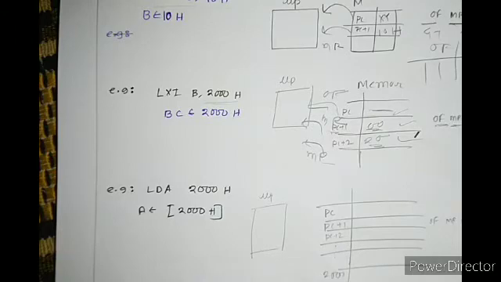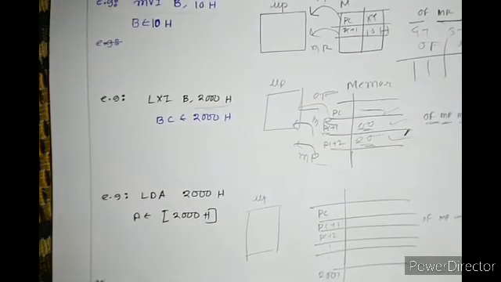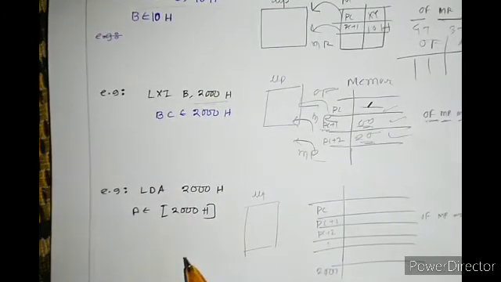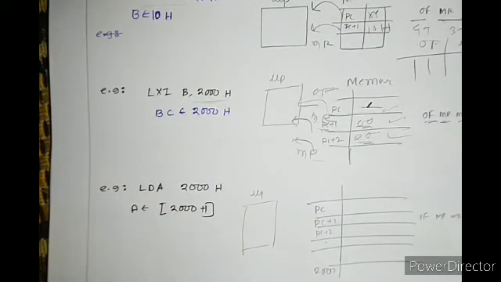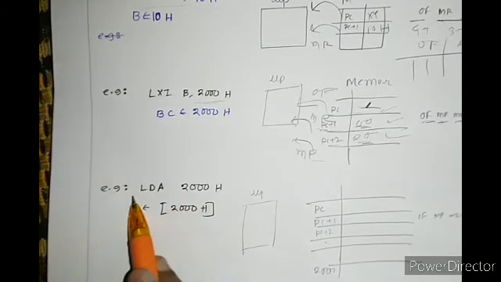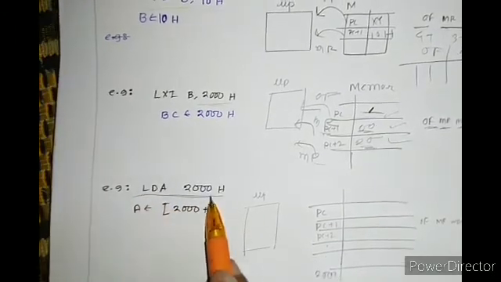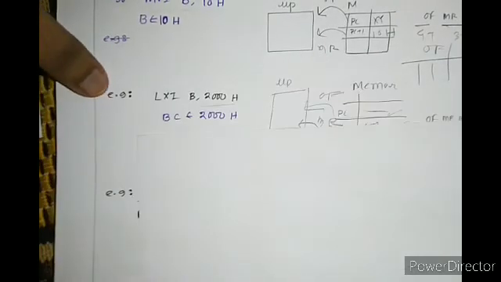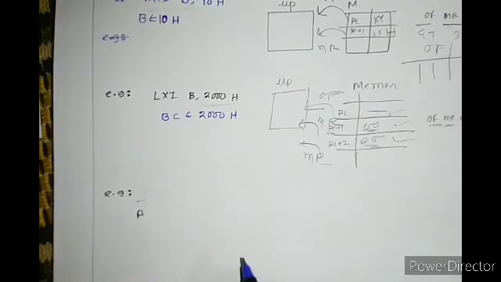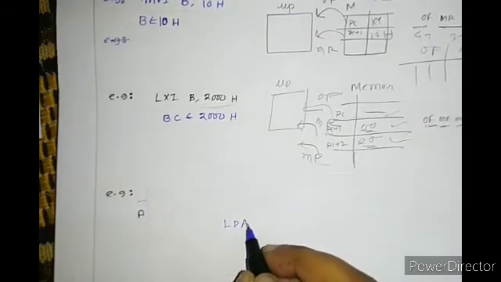It says that we have to get the data from location 2000 into the accumulator. So first, if I draw this: LDA 2000, it's a 1-byte instruction. Sorry, LDA 2000, it's a 3-byte instruction. Sorry for my mistake.